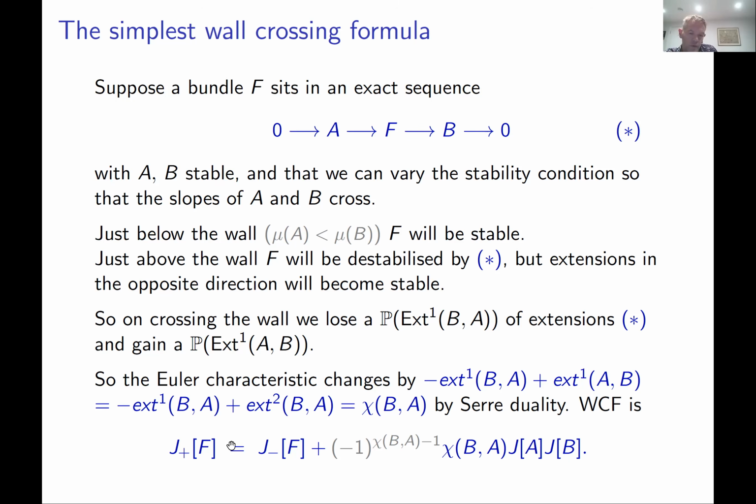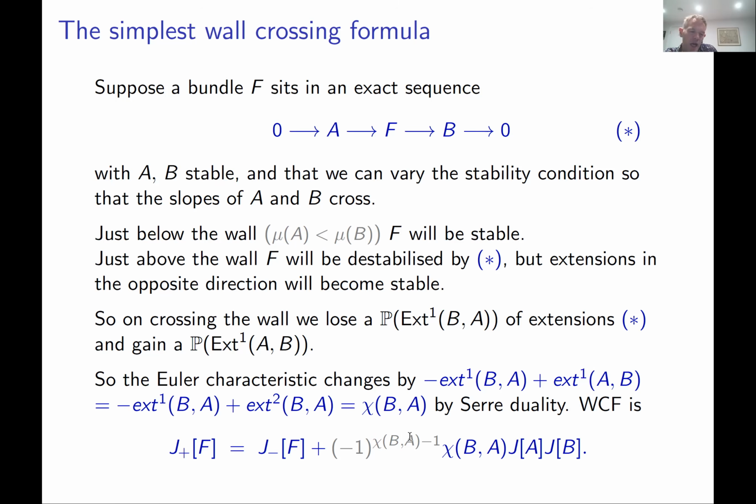And what's important about it is it just tells you the way the DT invariant varies as you cross the wall. And the variation is entirely, the coefficients are entirely topological, kind of universal. And then the corrections are given by DT invariants of lower charges of the pieces that my sheaf F might split into.